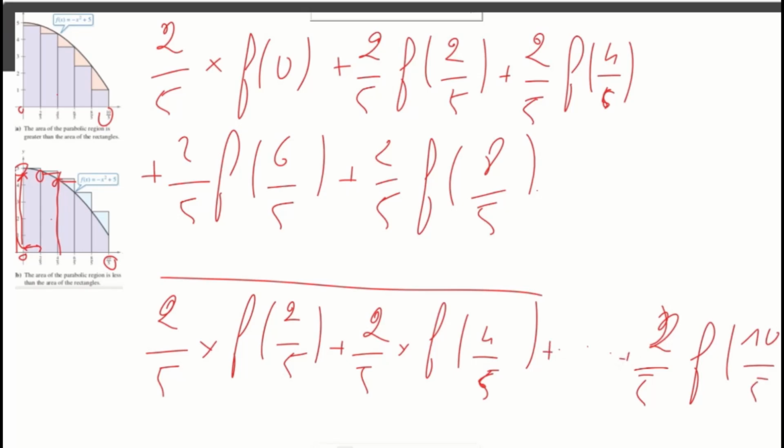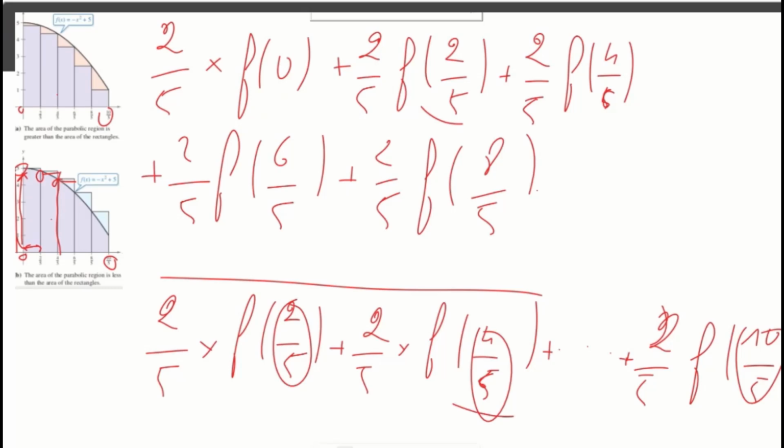This is here plus here. So if we look at it, the difference between the first and the second is here in these points, the images. Then if we look at it again, it's just a difference of 2 over 5. So if we do 0, it's just 2 over 5 minus 2 over 5. 2 over 5 here, 2 over 5 here is just 4 over 5 minus 2 over 5.